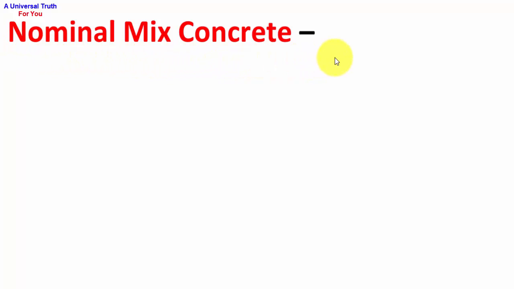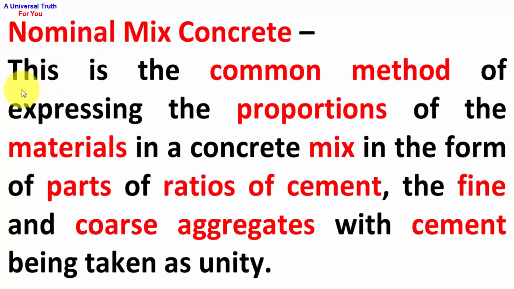Nominal mix concrete. This is the common method of expressing the proportions of the materials in a concrete mix in the form of parts or ratios of cement, the fine and coarse aggregates, with cement being taken as unity.